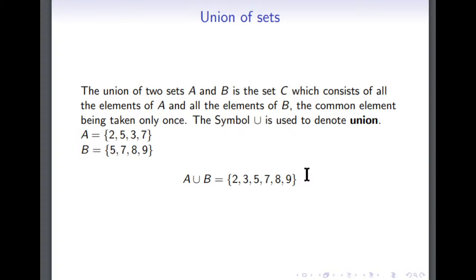You will see the element 5 was in both A and B, so I have written it only once. Similarly, 7 was in both sets, and I have written it only once. Then elements 2 and 3 were in set A, so I have written them in the union. And elements 8 and 9 were in set B, so I have also written them in this union.